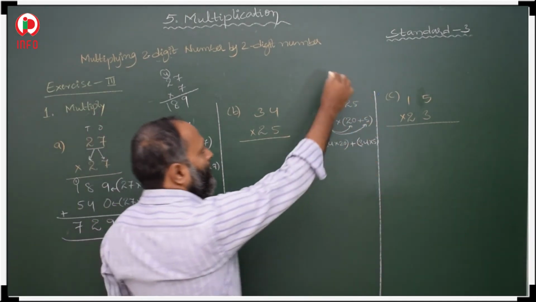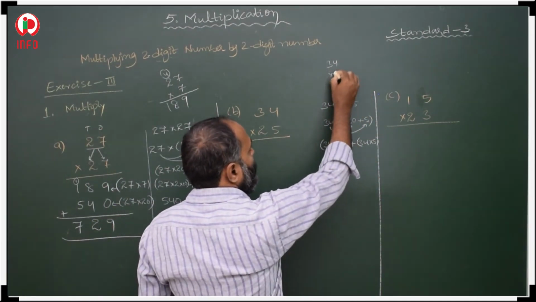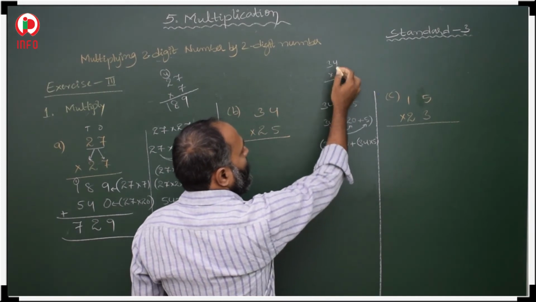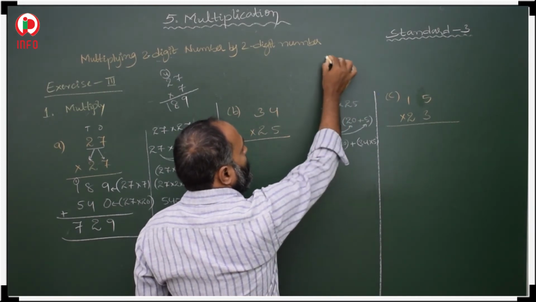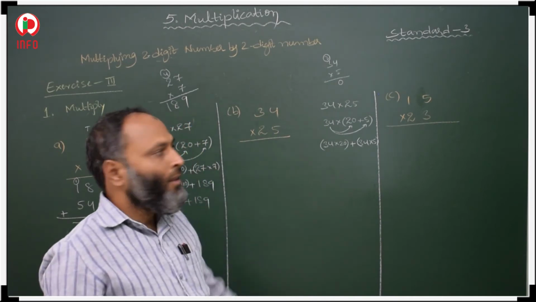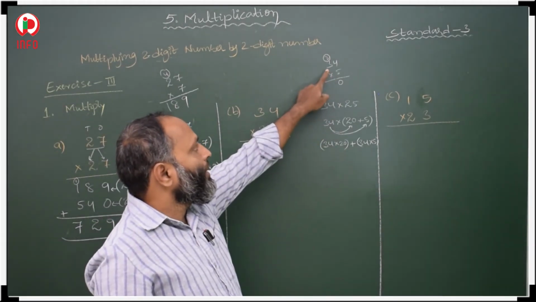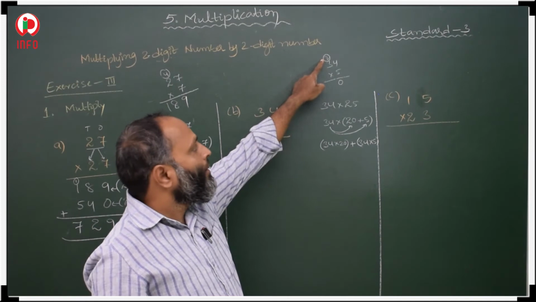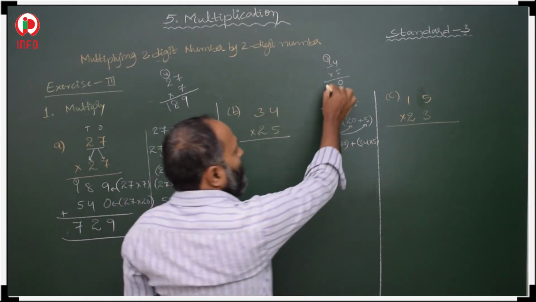Now 34 with 5. 5 4s are 20. 20 means 0 we keep here and 2 here. 5 3s are 15 and 2 over here, 16, 17. 170.